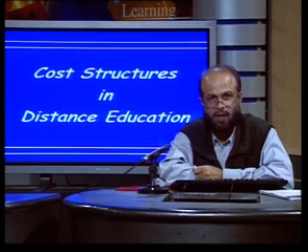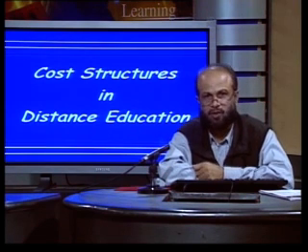At the end of the day, the income and expenditure should come to the balance sheet, should come to zero. However, it is very important that the way we earn and the way we spend, we must also calculate how we spend, on what we spend, and in what way we spend, and therefore reduce the cost of education, and in our case, cost of distance education.